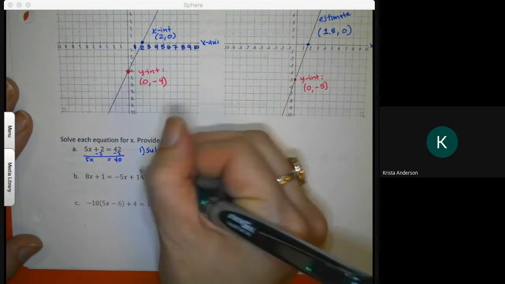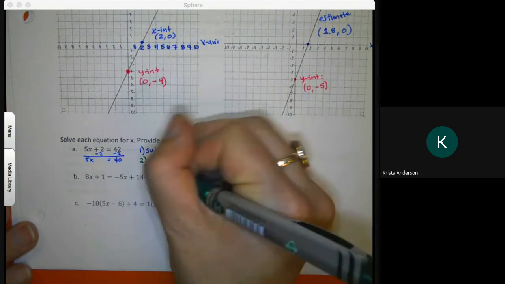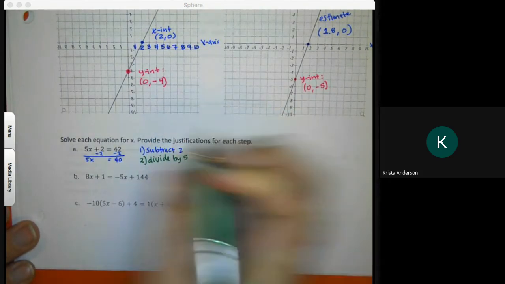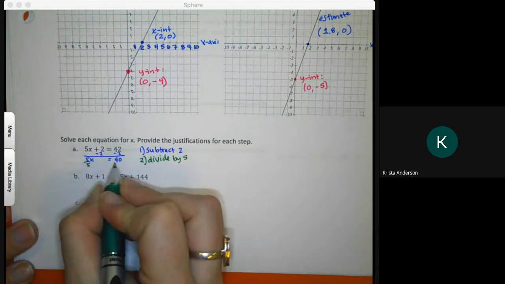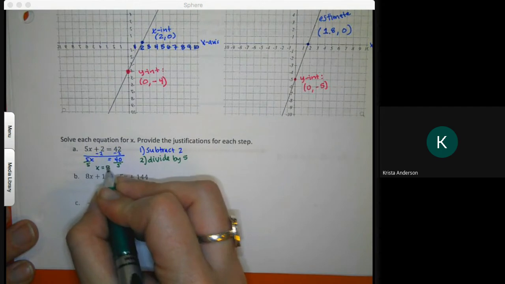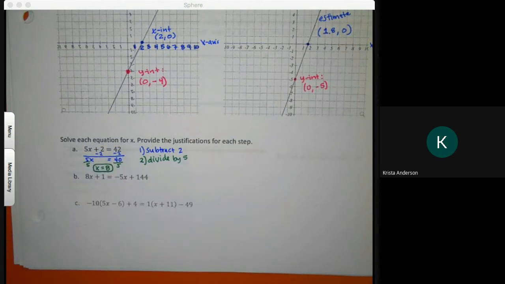And who knows my second step? We solve for x. Divide by 5. Good. Divide by 5. That means that x is an 8. And that's what I would type in. I would just type an 8 in and submit.